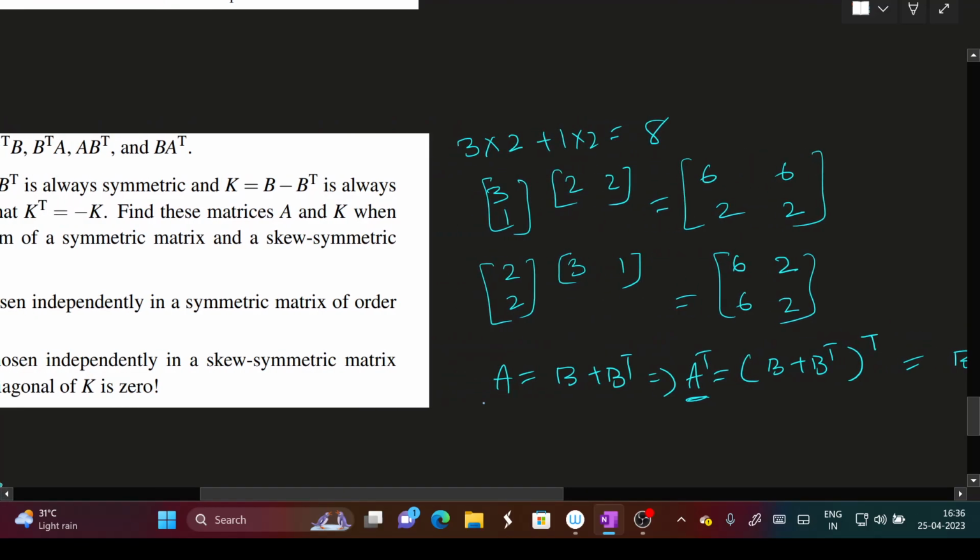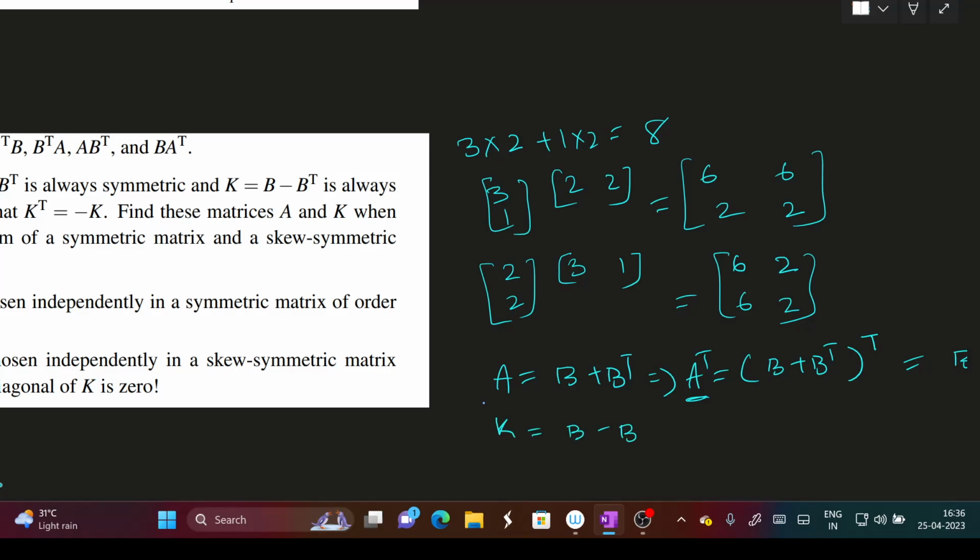Similarly, for K we have to substitute this. K is equal to B minus B transpose.